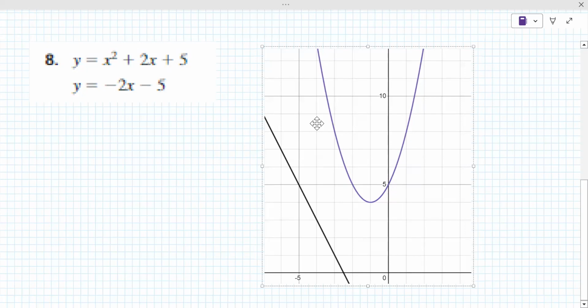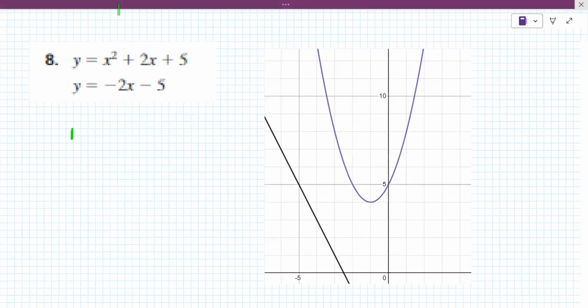So these do not intersect. Yes, these would have no solution, I guess is the short of it.